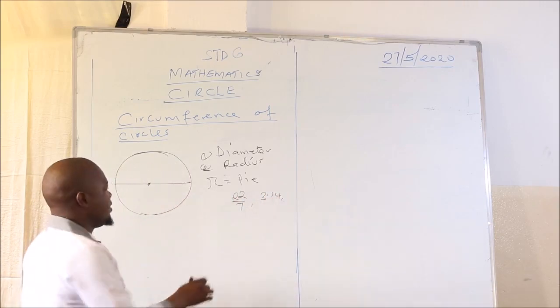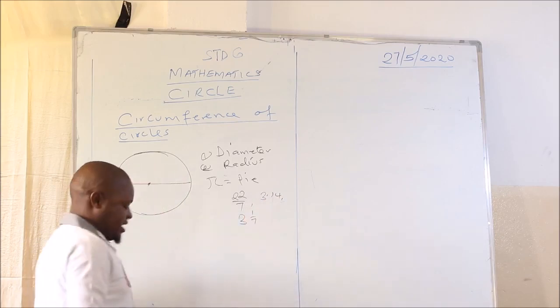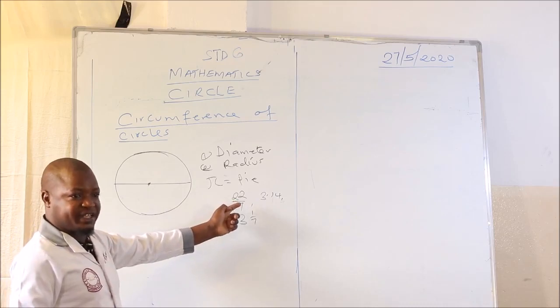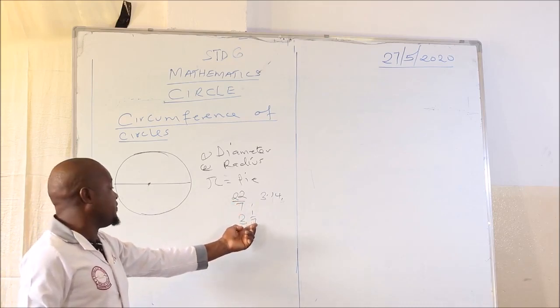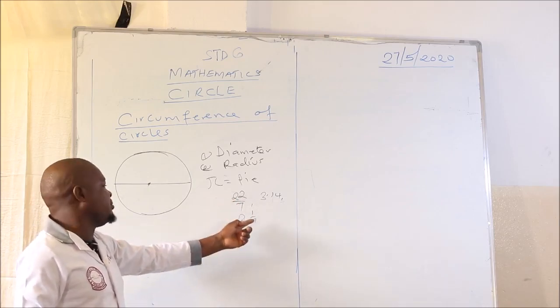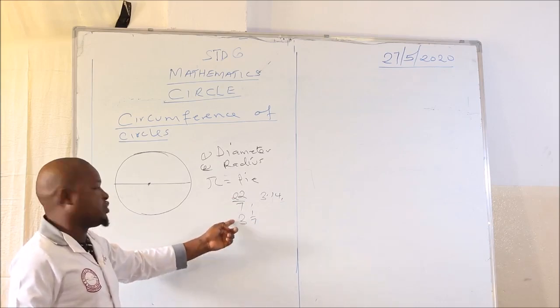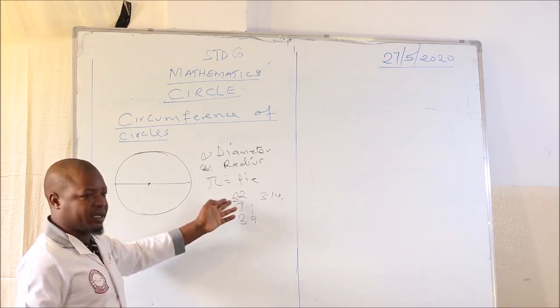Then lastly, you may even be given 3 1/7. Now, 22/7 is written as an improper fraction, and 3 1/7 is written as a mixed fraction. If you convert this into an improper fraction, you go back to this. So it will be 7 times 3, 21, then 21 plus 1, we get 22/7, which takes you back here.